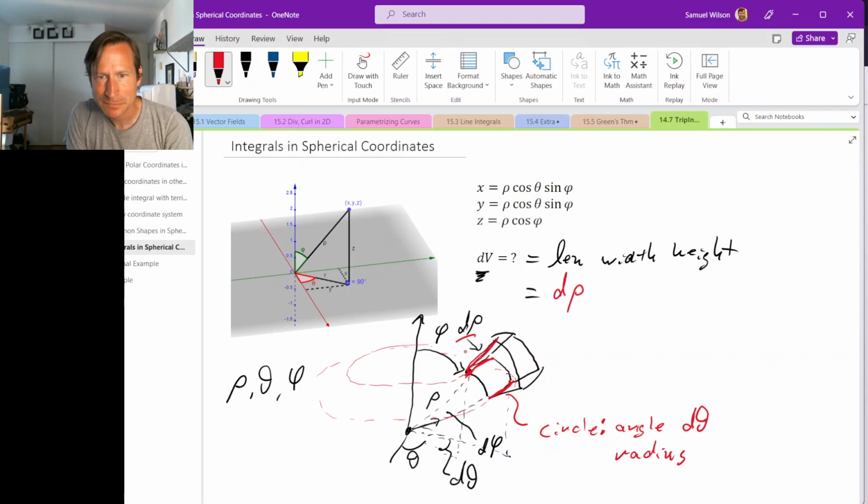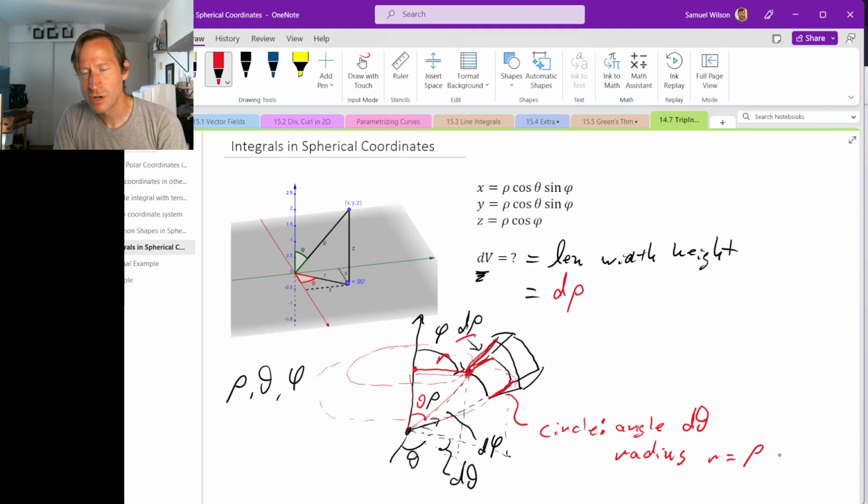Well, that's r, our polar coordinate r, in this right triangle where phi is down here. So the radius is r, and we know that r is rho times sine of phi.